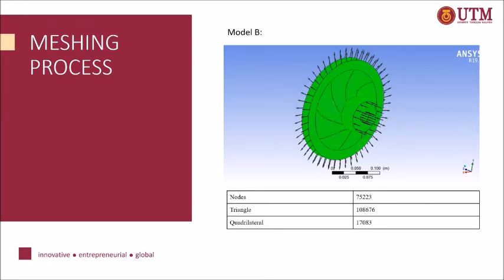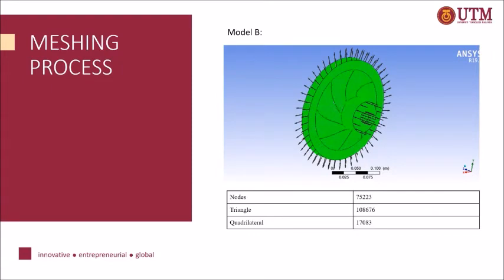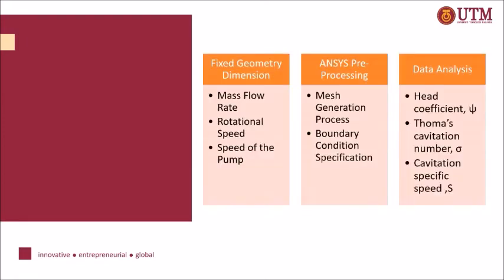For Model B, the meshing process gives nodes of 75223, triangles 108676, and quads 17083. Notice that Model A has more nodes compared to Model B. This is because Model A has a more complex design in comparison with Model B.